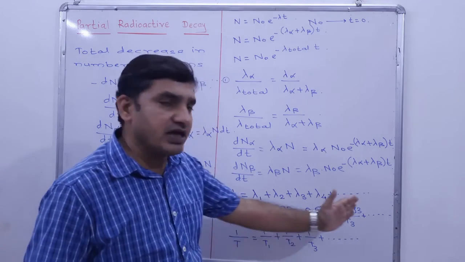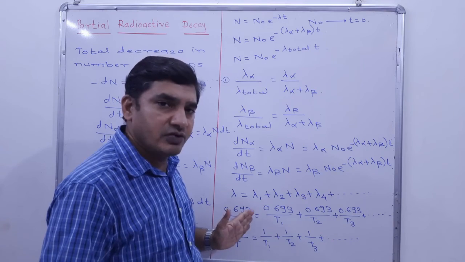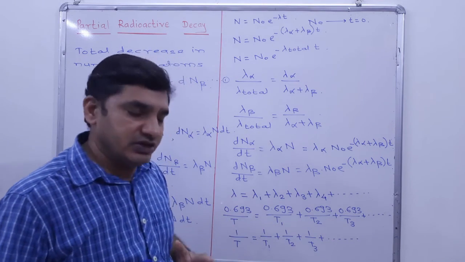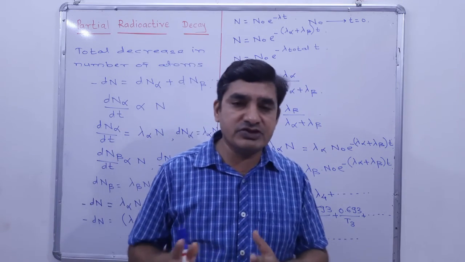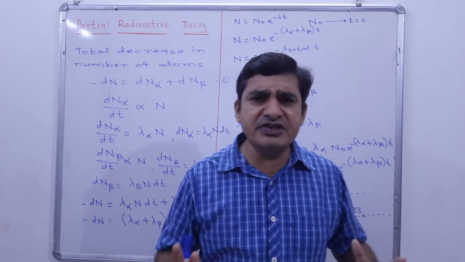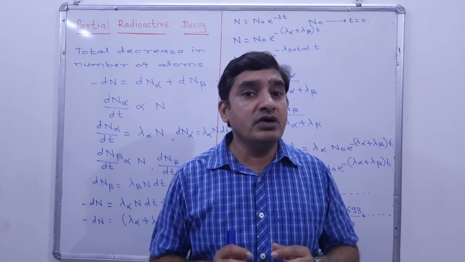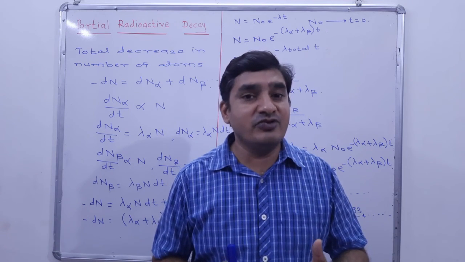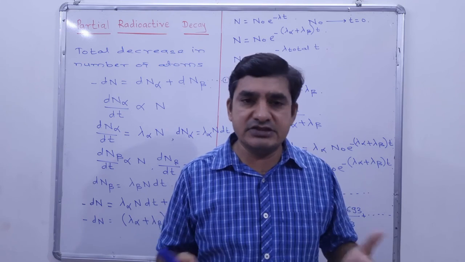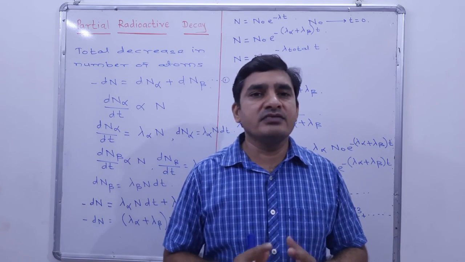When we take 0.693 common from both sides and cancel it, we get 1 upon T is equal to 1 upon T1 plus 1 upon T2 plus 1 upon T3 and so on, which represents the partial half-life for different particles, that is alpha particles, beta particles or gamma radiation.